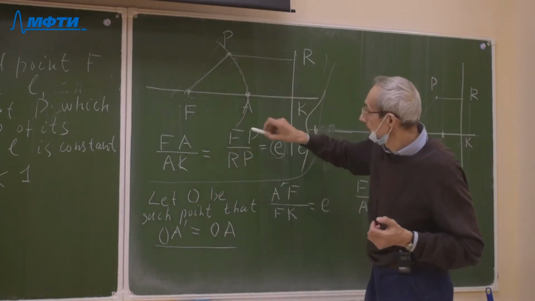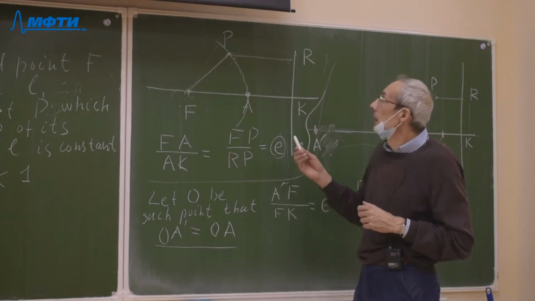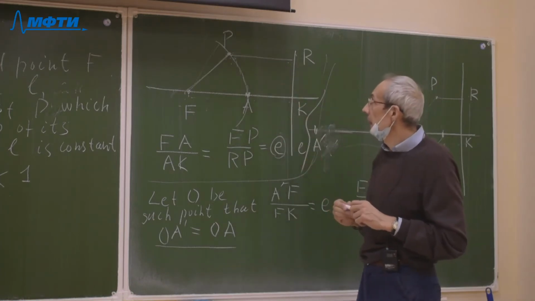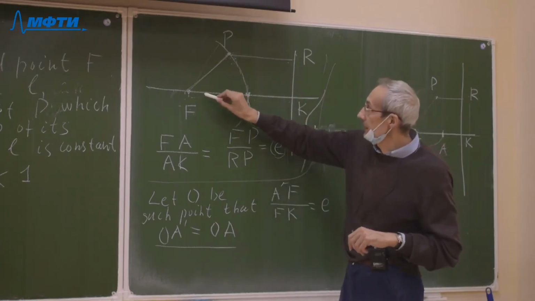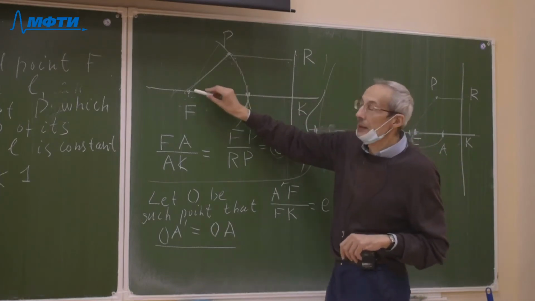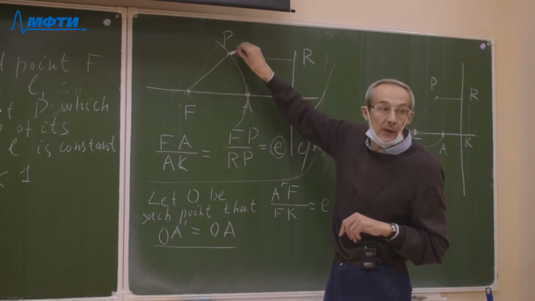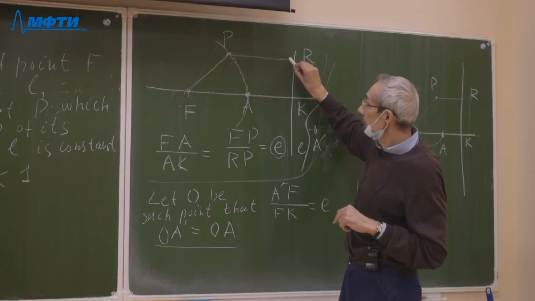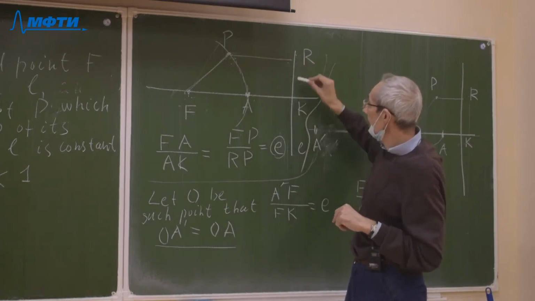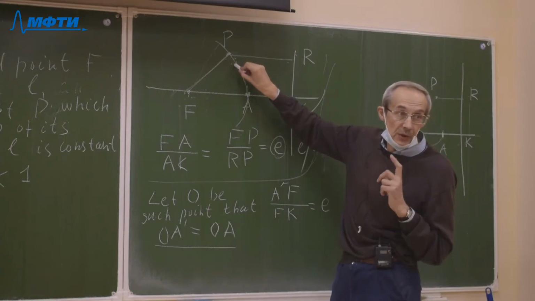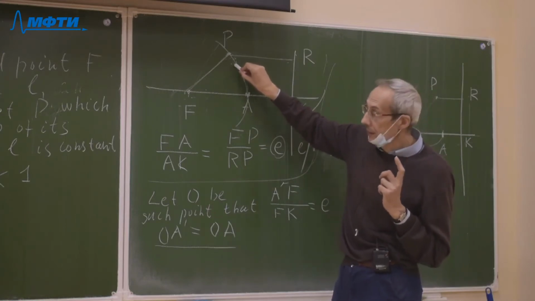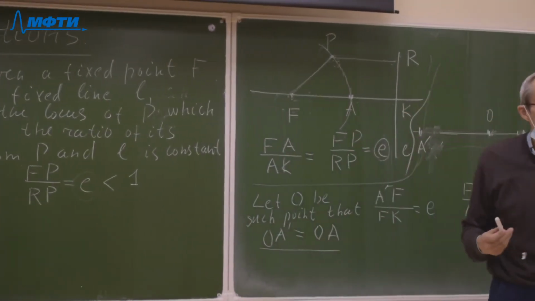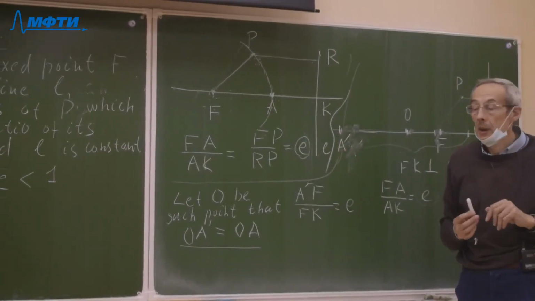Namely, our curve is the locus of the point P which satisfies the following condition. The ratio of the distance between this moving point P and F to the distance to our fixed straight line L is constant, which equals E. This condition uniquely defines our curve, our conic section.